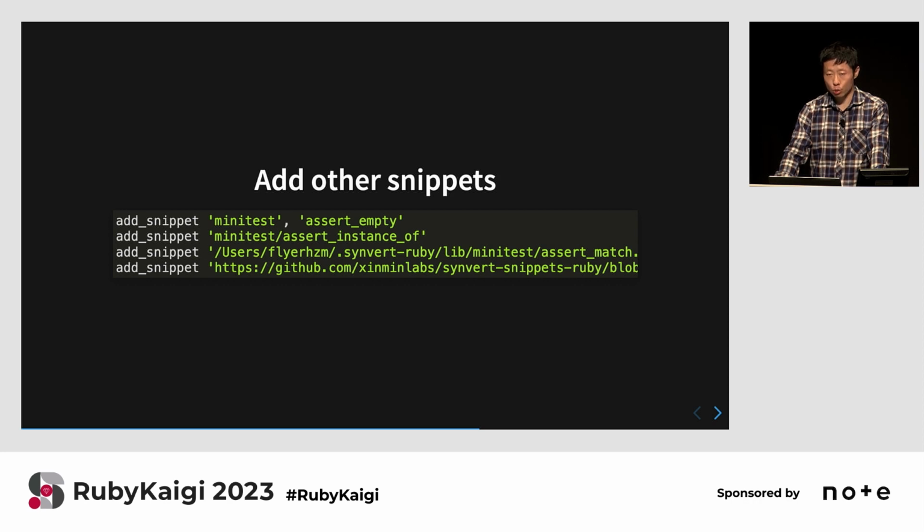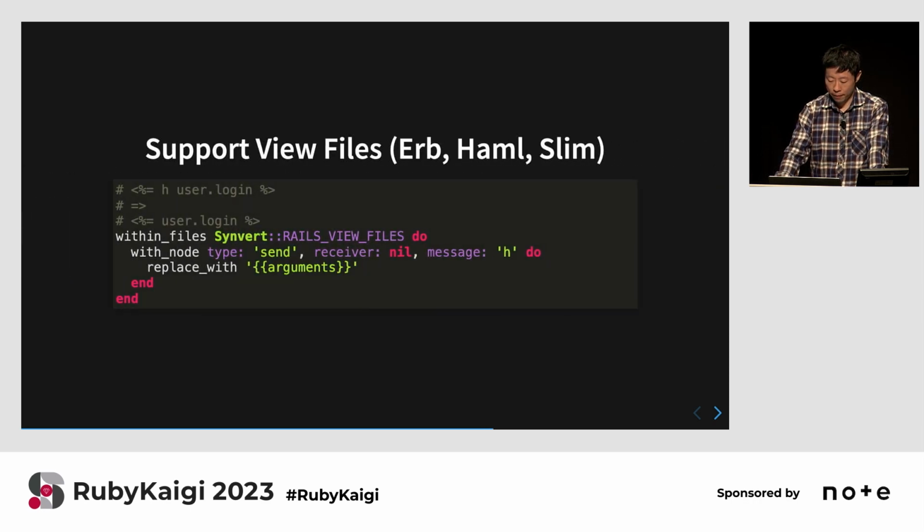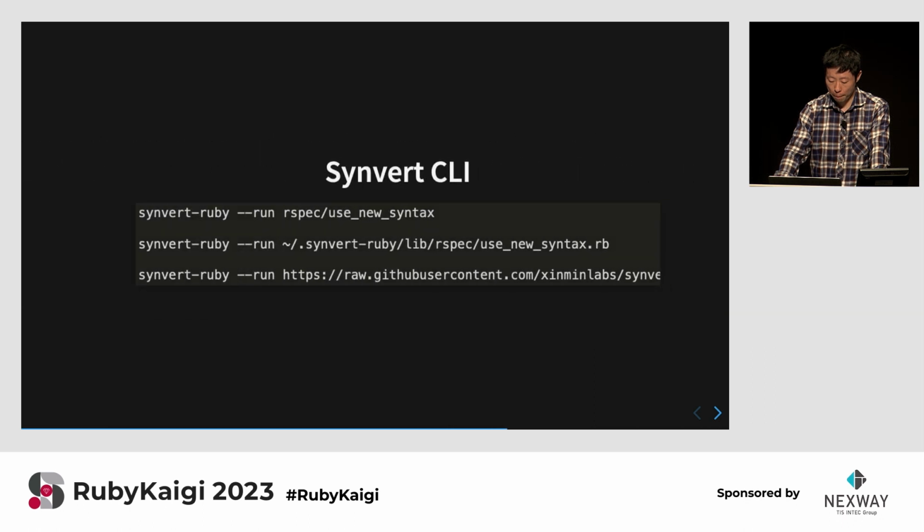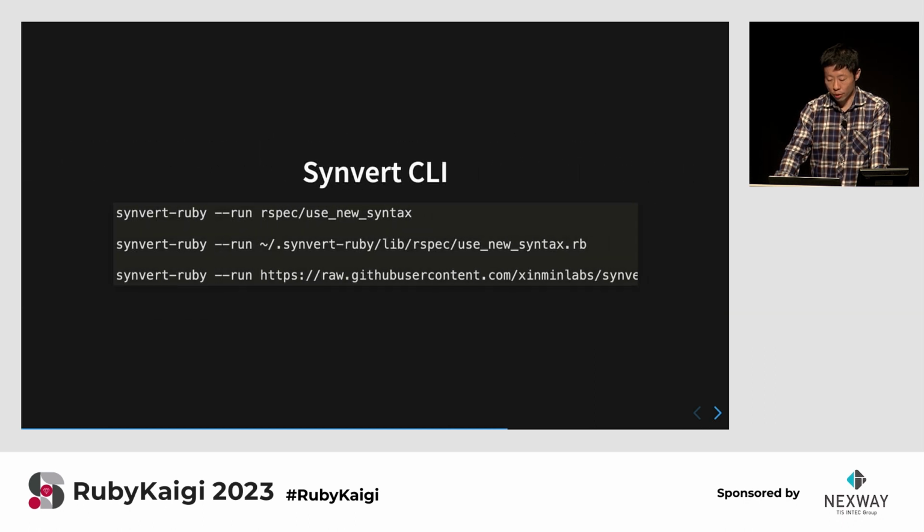It allows you to write many small snippets and combine them into a bigger one. It also supports view files so that you can write Ruby code in ERB, HAML, or Slim files. Synvert offers a CLI that allows users to execute the local or remote snippet.